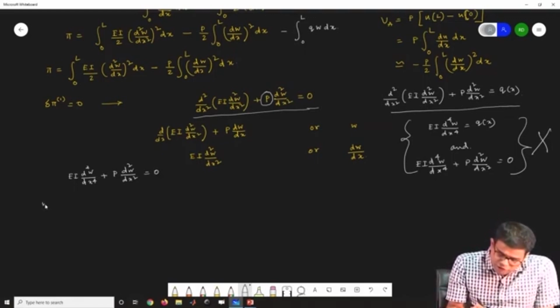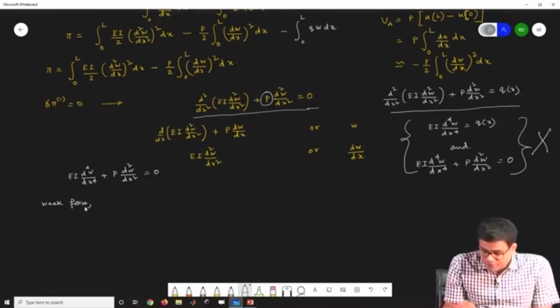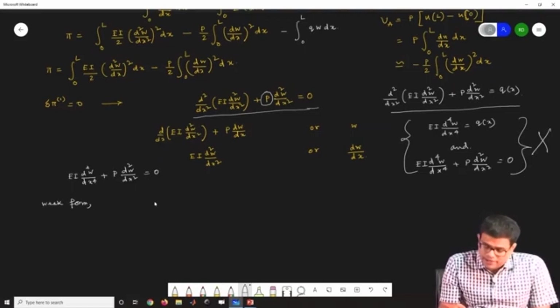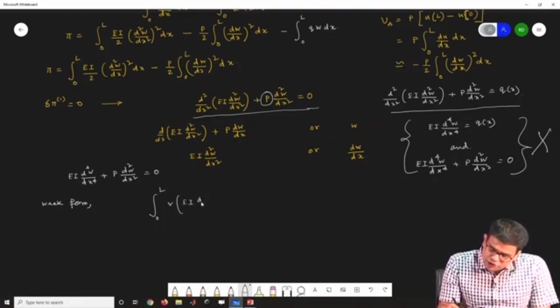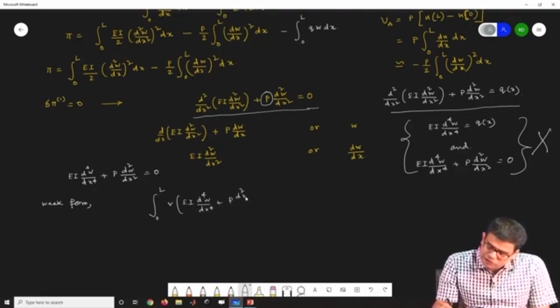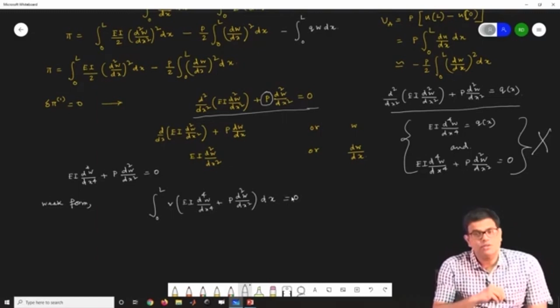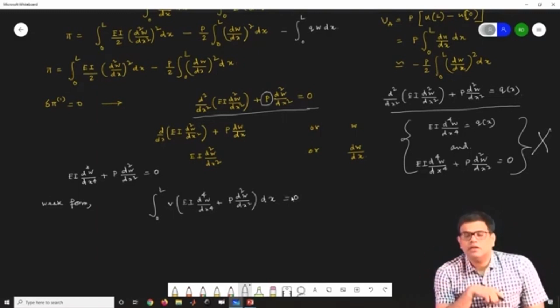My standard weak form: if I choose weight function v, then integral 0 to L v into EI d to the power 4w dx to the power 4 plus P into d2w by dx square, dx, equals 0.